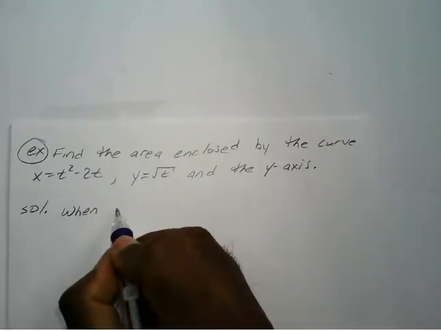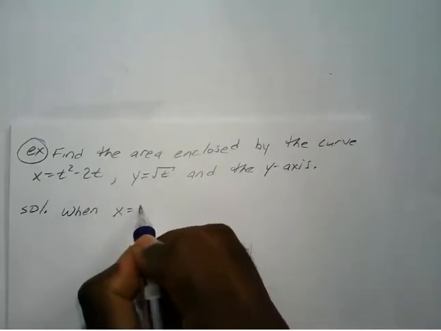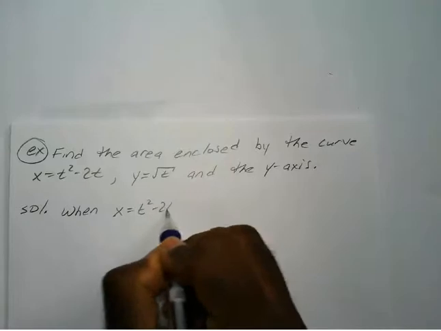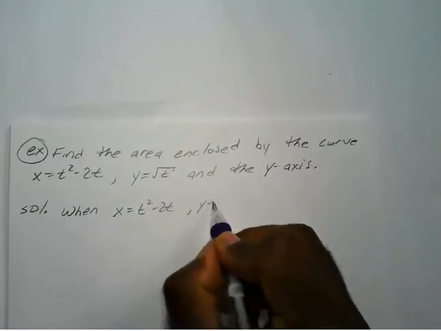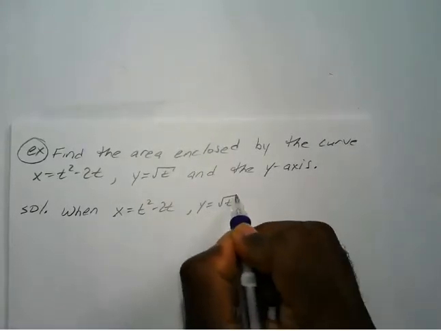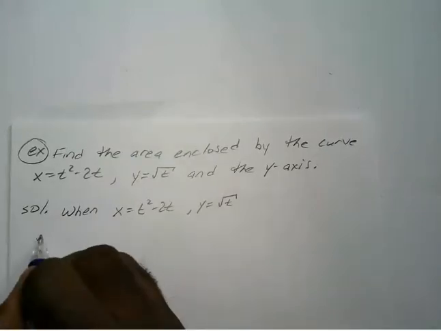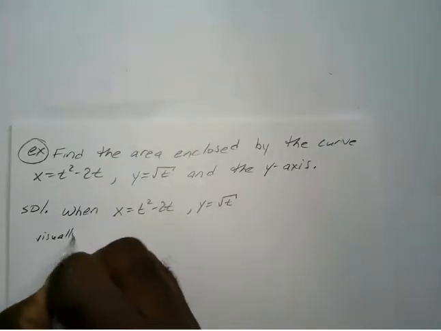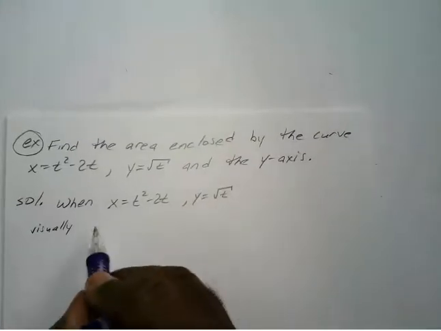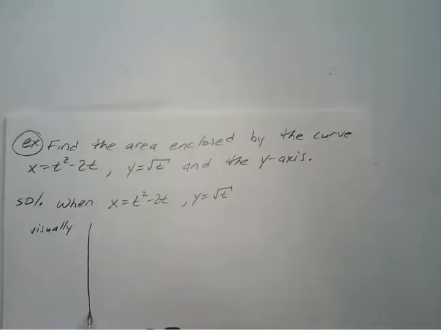So when x is equal to t squared minus 2t and y is equal to square root of t, let's make our t-chart.